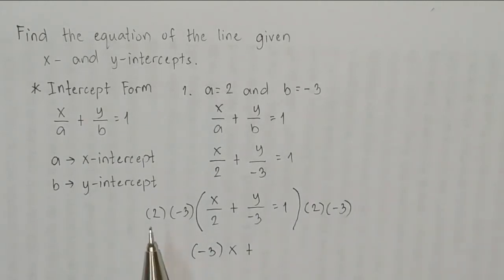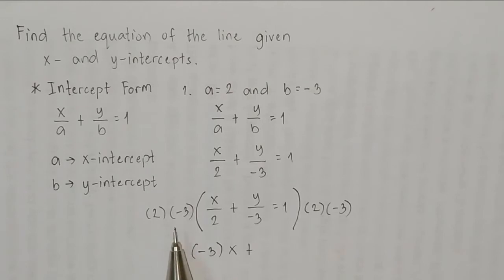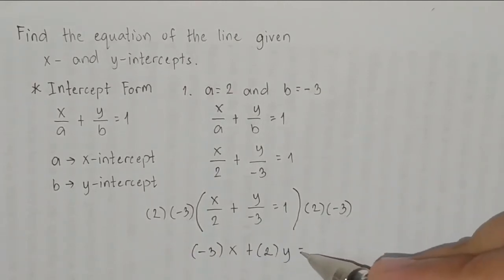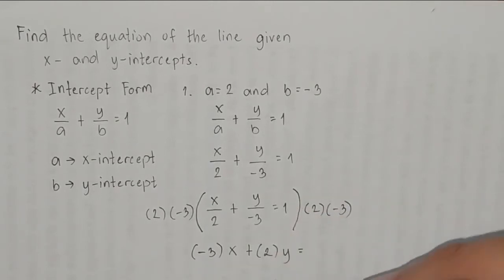So, plus 2 and negative 3, pag na-multiply natin sa y over negative 3, automatic cancel na natin ang negative 3. So, ang matitira sa kanya ay 2y equals 2 and negative 3 multiplied by 1. The answer there will be 2 and negative 3.